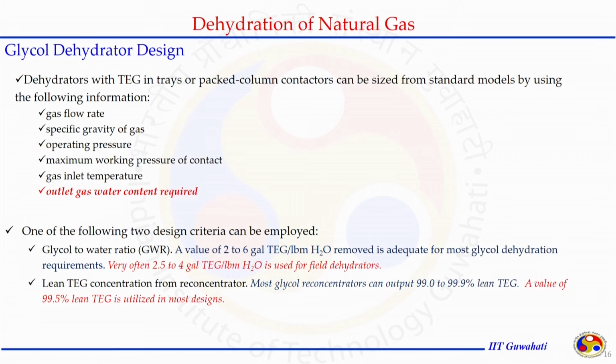So, the glycol dehydrator design depends on certain factors that determine what size the tower should be, what the diameter should be, and what the capacity of the associated devices like the inlet separator, flash separator, reboiler duty, heat exchanger dimensions, and glycol cooler should be. All depend on the gas flow rate that is going to be dehydrated, the composition of the gases, or the specific gravity of the gas, at what pressure the gas is going to be treated, and the maximum working pressure of contact.